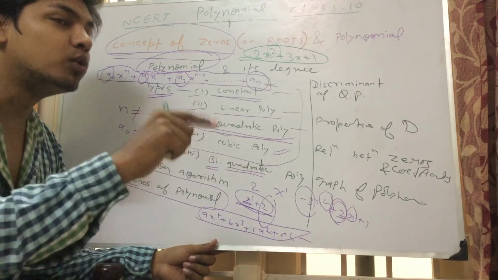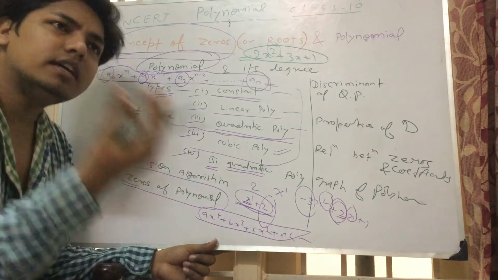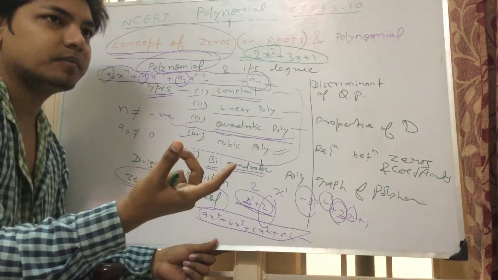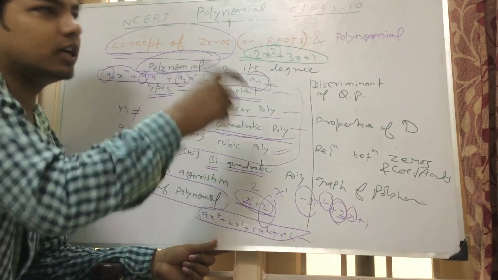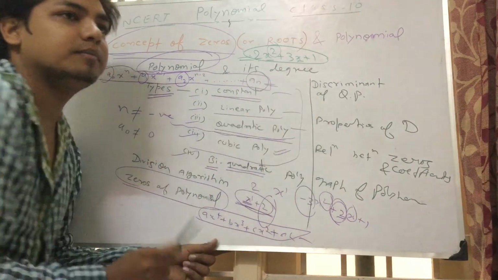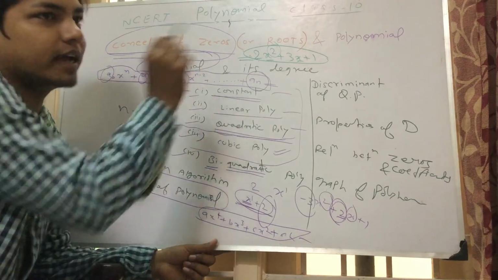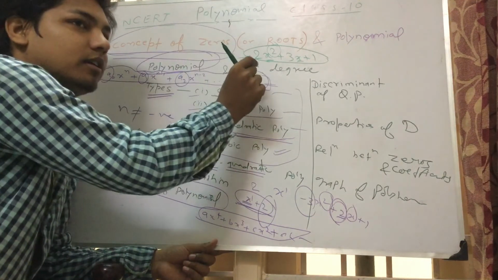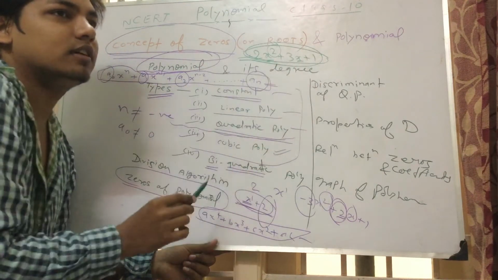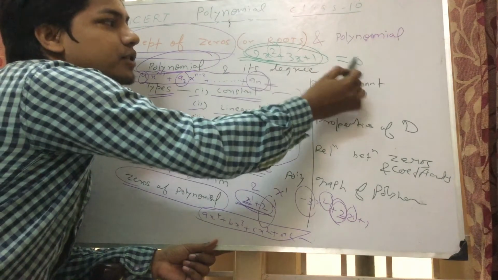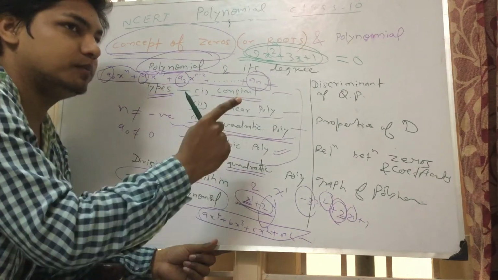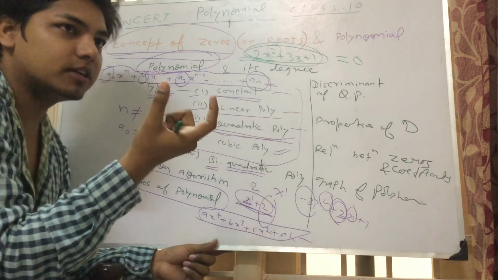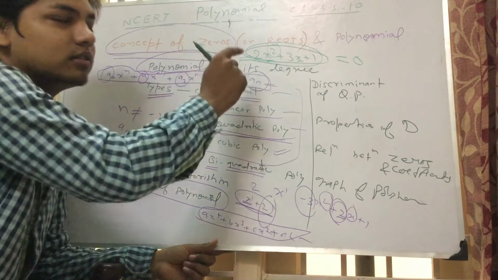That is also known as a root. Search for any number, it can be any number, and substitute that number in x here and here. After substituting and solving this equation, the total value should come 0. Only 0. Then that number we substituted is called a zero of this polynomial.